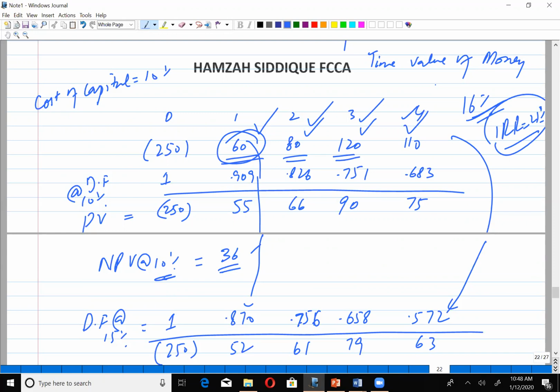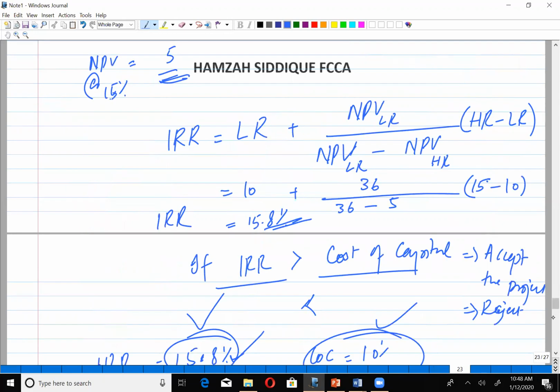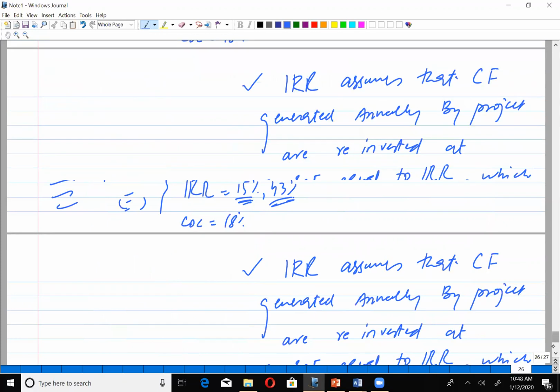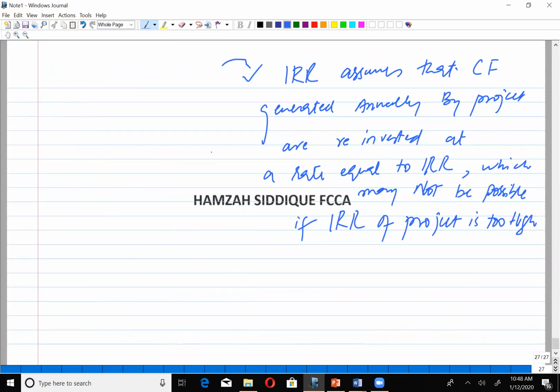This is the wrong assumption of IRR in that case, because it is not easily possible to find all the projects with the higher return. Is it clear?